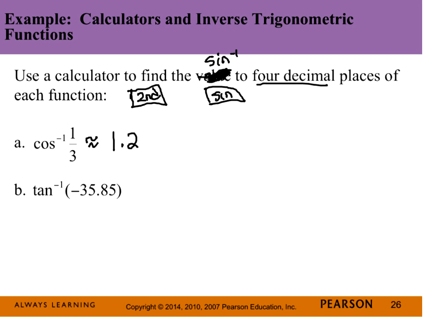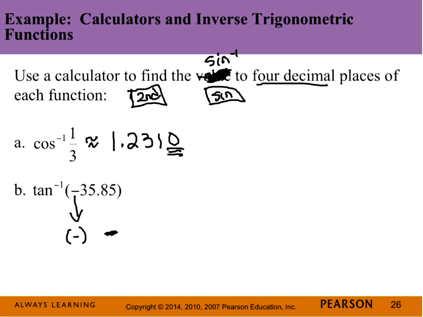And when I put this one into my calculator, I get that the inverse cosine of 1/3 is approximately, and it asks us to round to 4 decimal places, 1.2310. I do have to put the 0 on the end there because I did round to the 4th decimal place, and even though that doesn't change the value of it, that tells the reader that I have rounded to the 4th decimal place there.